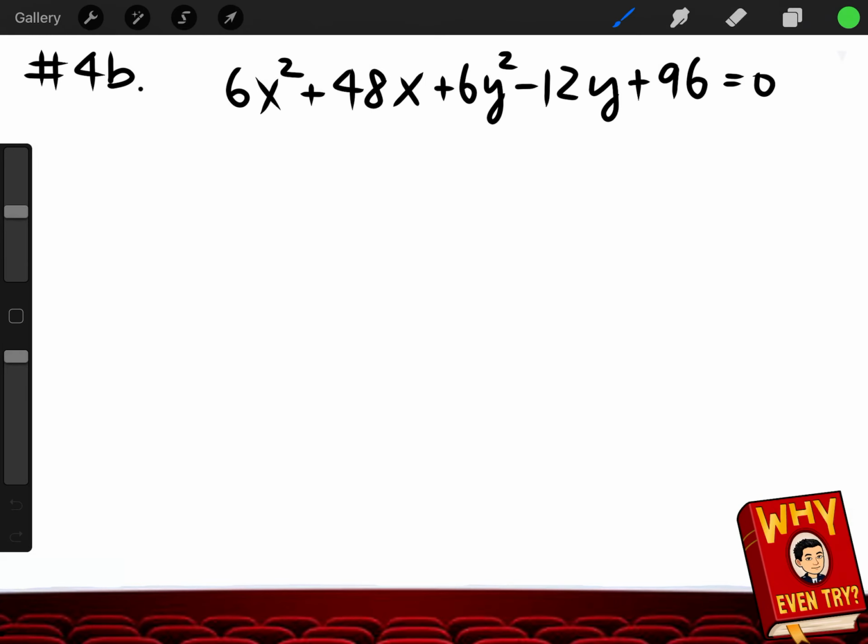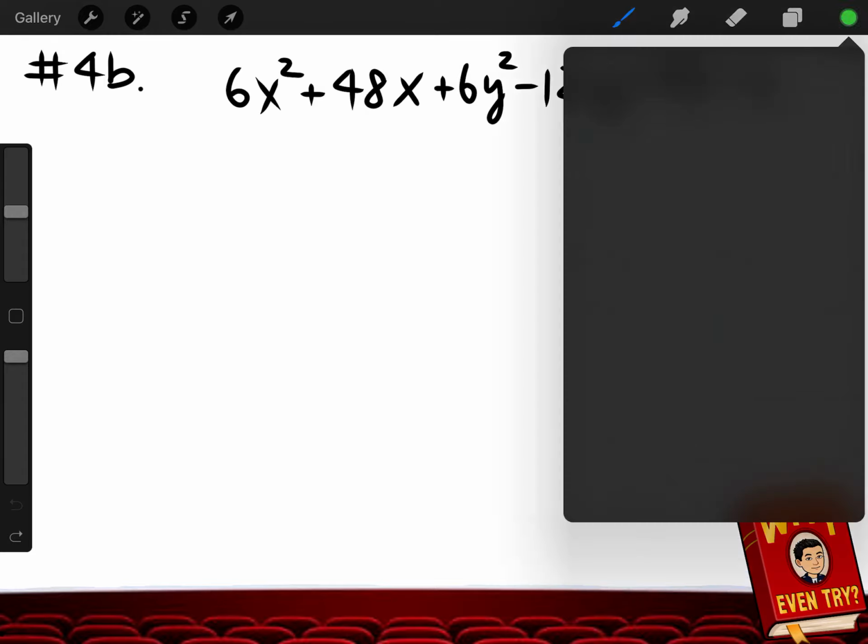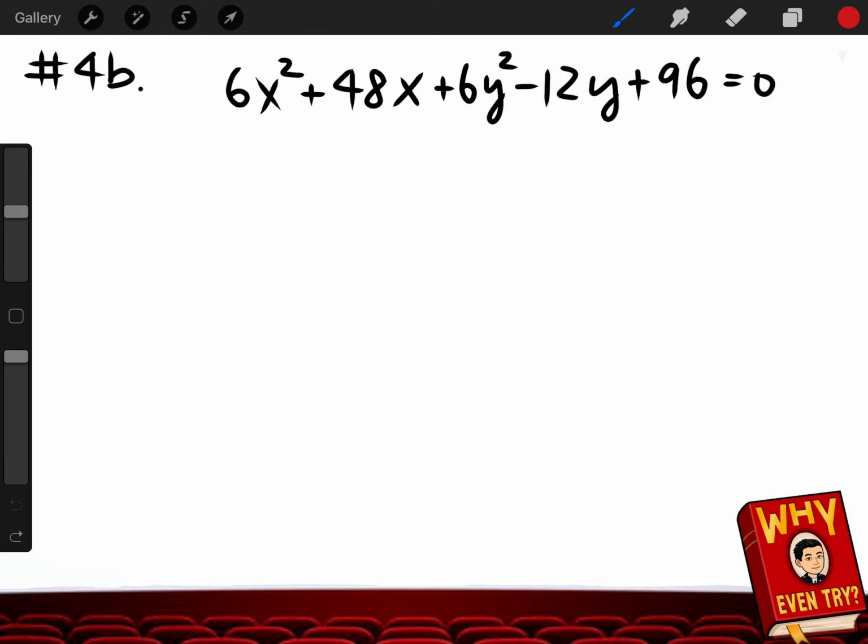Number 4B. I remember one of your classmates asked me, can we just divide everything by 6? Yes, you could in this case, but it will be better practice for reasoning if you don't divide by 6. You will see what would happen on the test. So let me arrange the x's and y's together.